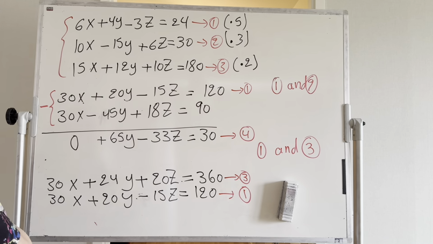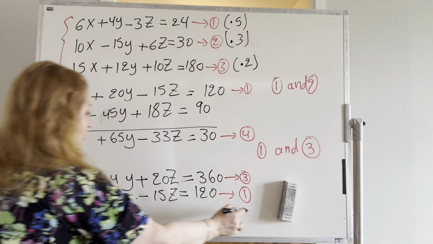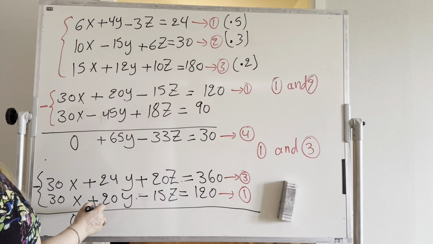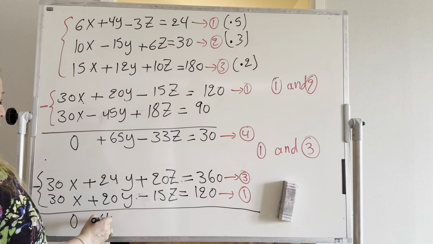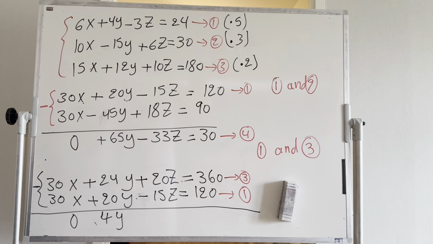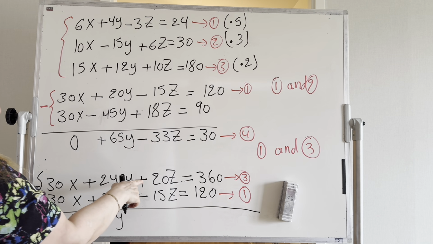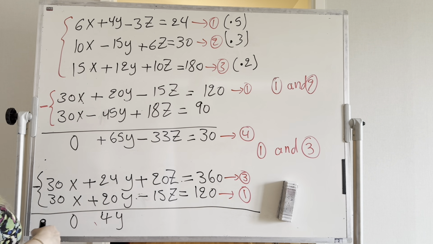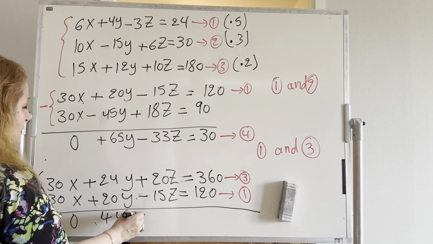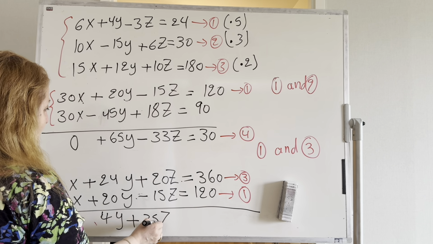Okay, now subtraction, minus. 30 minus 30, it will be 0. 24 minus 20, 4y. 20z minus 15z, it will be plus 35z.